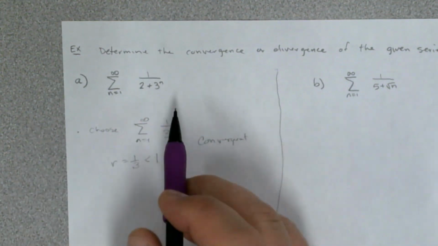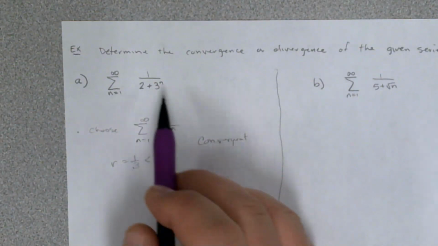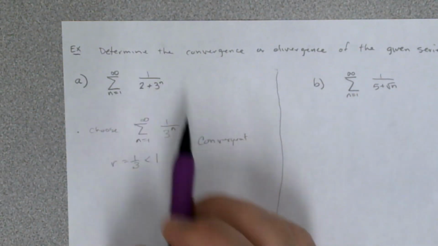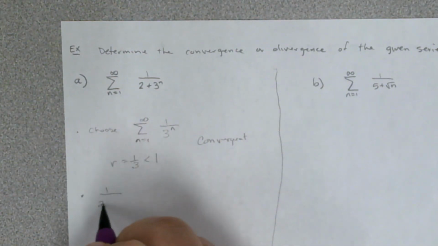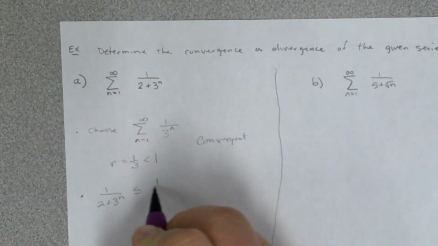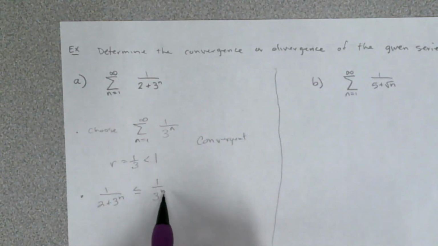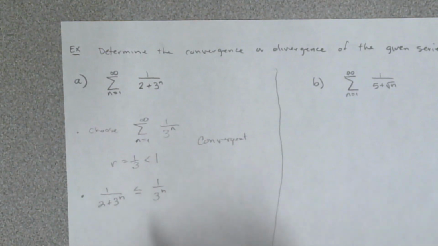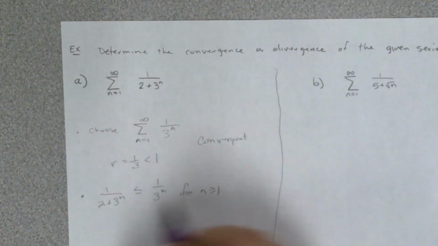Now we need to compare term by term. We also know that 1 over 2 plus 3 to the n will always be less than or equal to 1 over 3 to the n. This bottom number will always be bigger than this one, so this fraction will always be smaller than this one. And this is true for n greater than or equal to 1, so we have to do that step too.